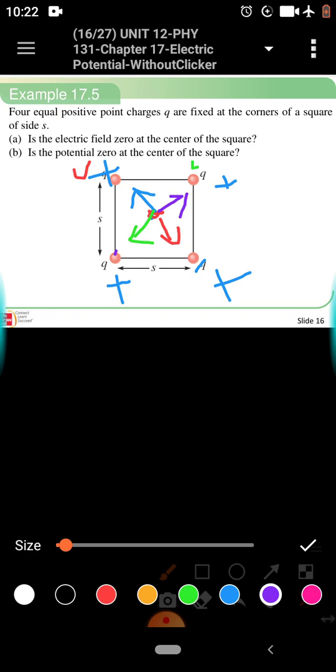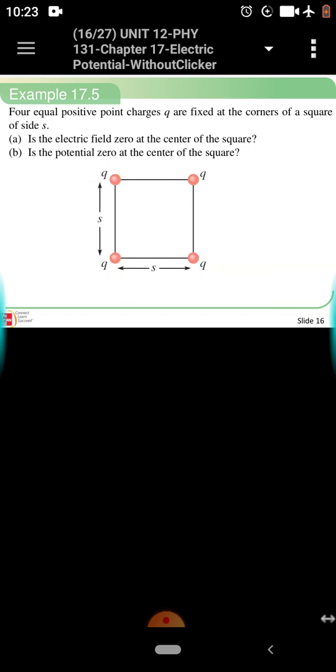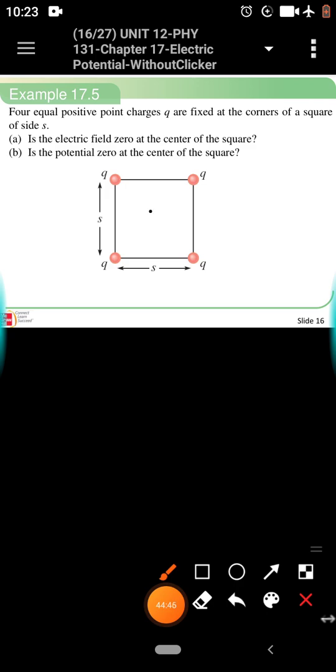So here clearly we can see that E is 0 here. The electric field is 0 at the center, and then the question is whether the potential is 0. For that we calculate the potential at the center.